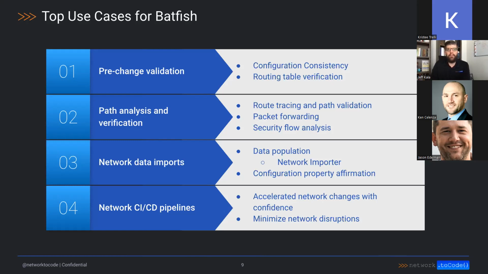An example of configuration properties are, hey, give me the NTP servers off of this specific node, or give me the AAA settings, or give me all of the route policies or the route maps that are on this. Very powerful information that you can get network wide very quickly in a very easy to consume manner.